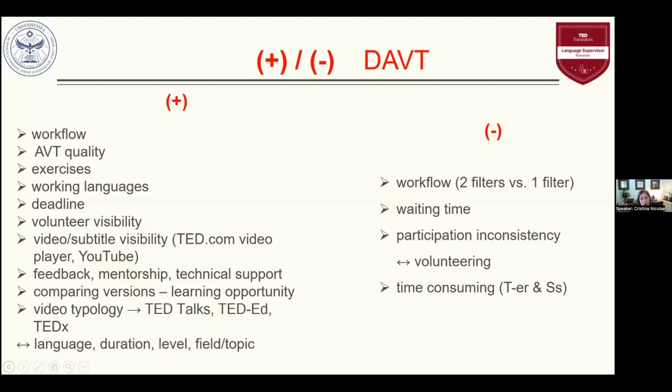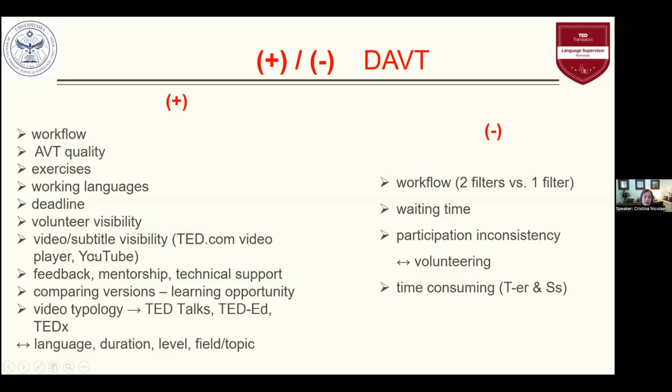If we cannot complete the task within these 30 days, nothing wrong happens. It's just that the video you had to subtitle goes back to the general pool and somebody else picks it and handles it.